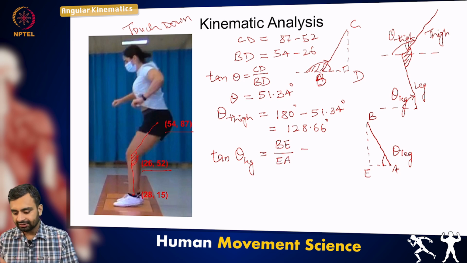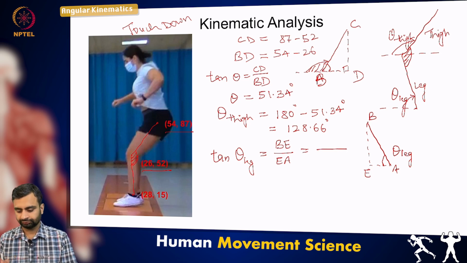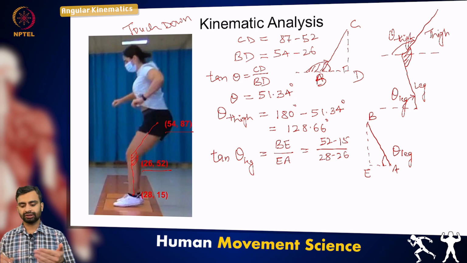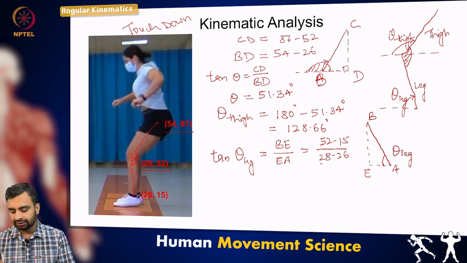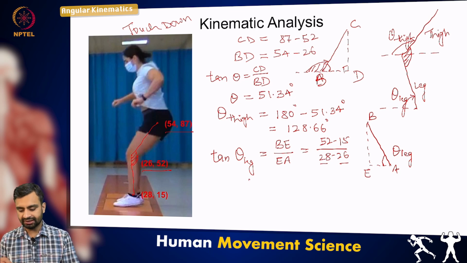So EA would be the difference between the x-axis coordinates, and that would be your y-axis. So here I interchangeably used the knee and ankle x coordinates. The reason being, here we are interested in the magnitude only. We are not concerned about the direction as of now.